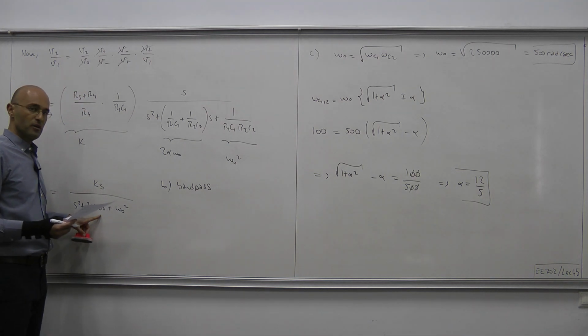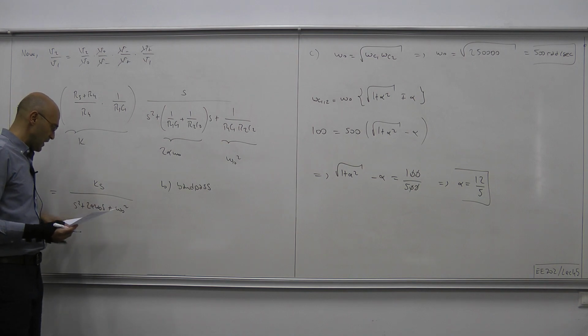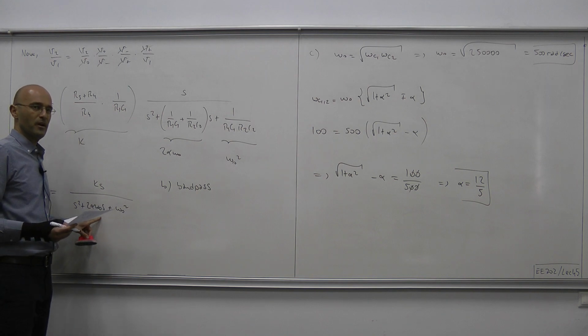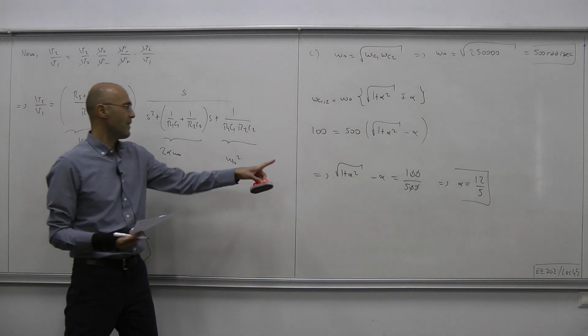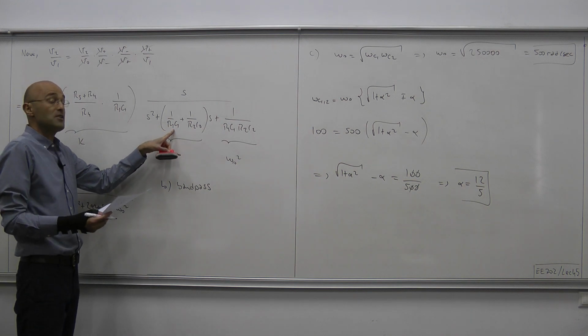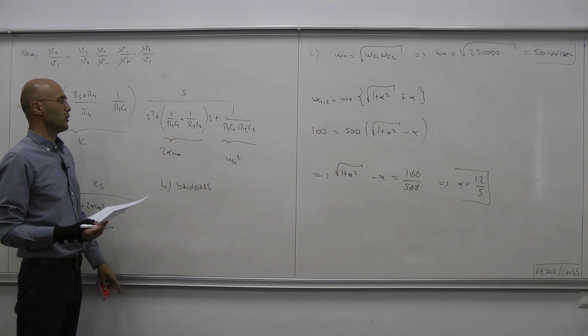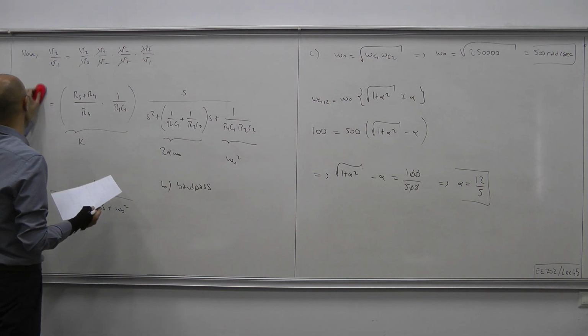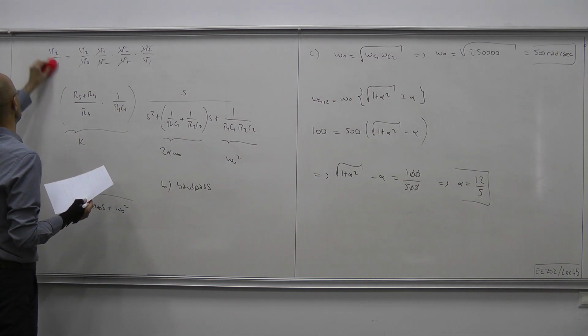Now, this is the prototype for which we now have omega 0 and alpha. We can express the roots in terms of omega 0 and alpha, and then that will give us a constraint on 1 over R1 C1 and 1 over R2 C2, from which we can start our design.